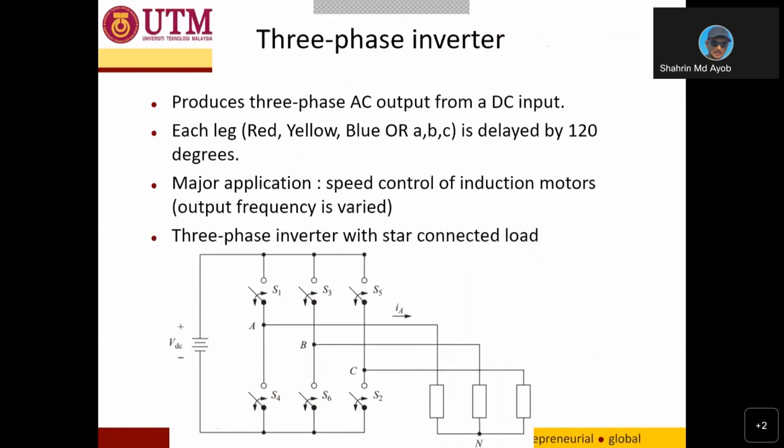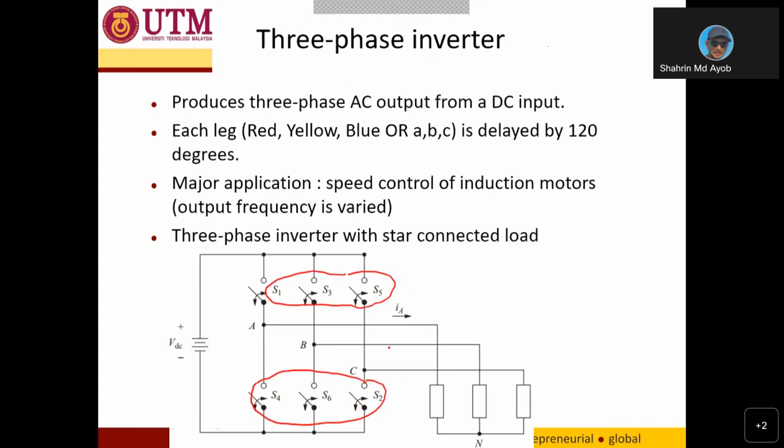Okay, three-phase inverters. For three-phase inverters, the circuit is this one, which is the general circuit. We have 6 switches, and as you can see, the numbering of the switches for the upper group are odd numbers, while the lower group are even numbers.